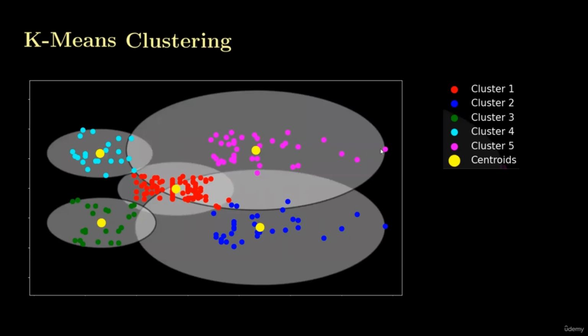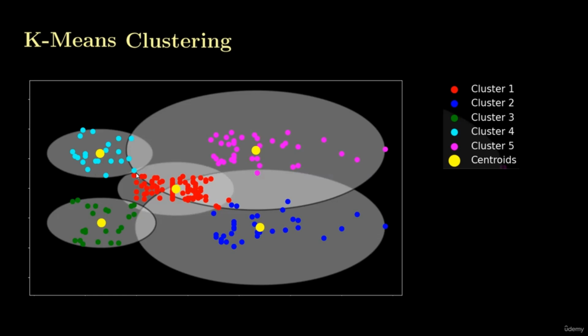So in order to accommodate these points, the cluster has to spread symmetrically on both sides of the centroid. In that case, we do not have any point at this part of the cluster, and we do not have any point at this part of the cluster. Similarly, these two clusters are spread so far around their centroid that they are overlapping, rather passing through the other cluster.